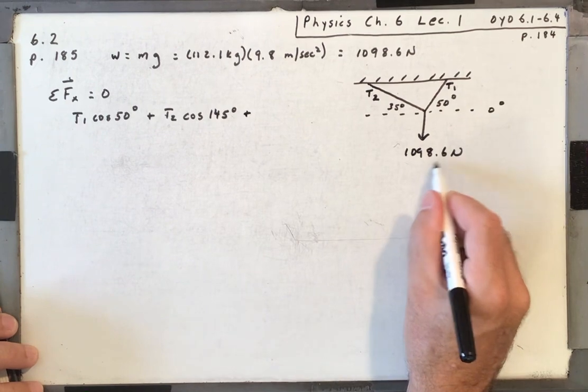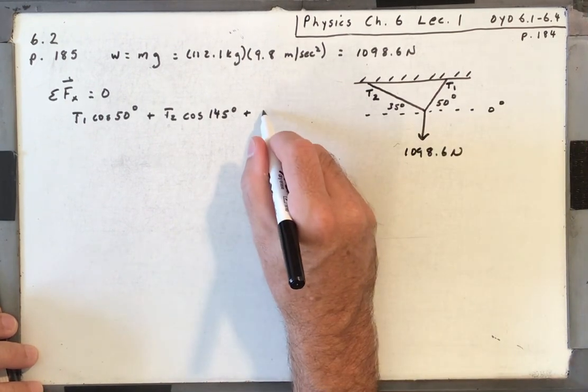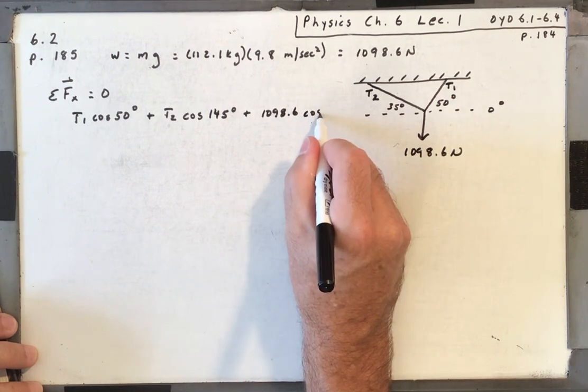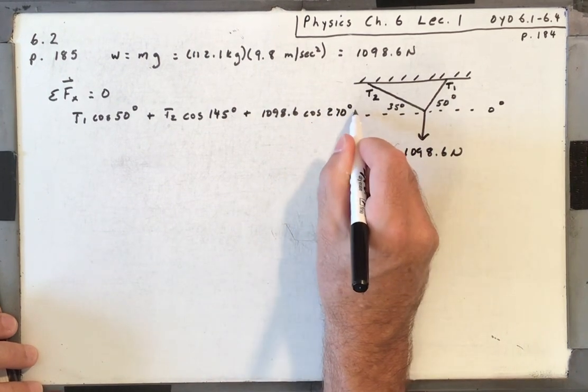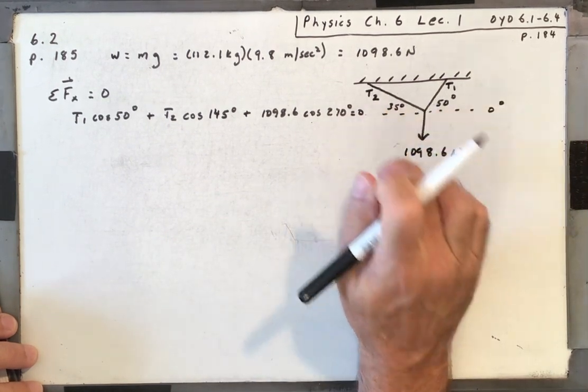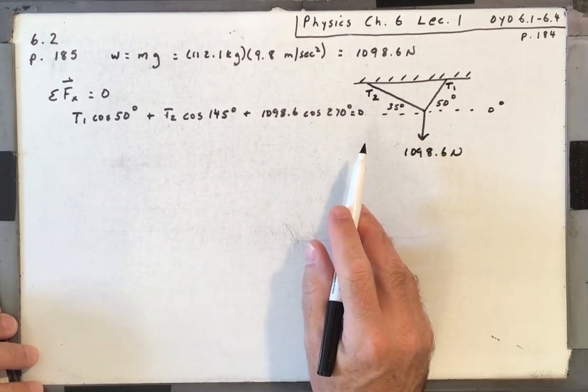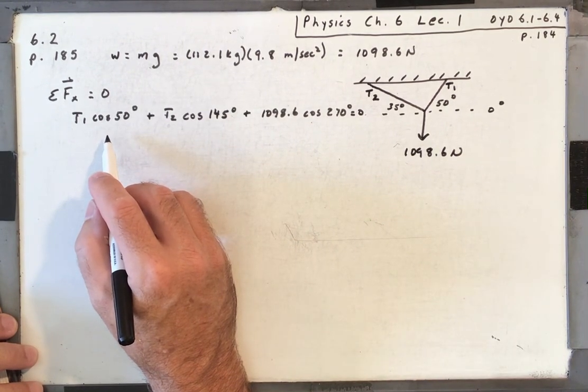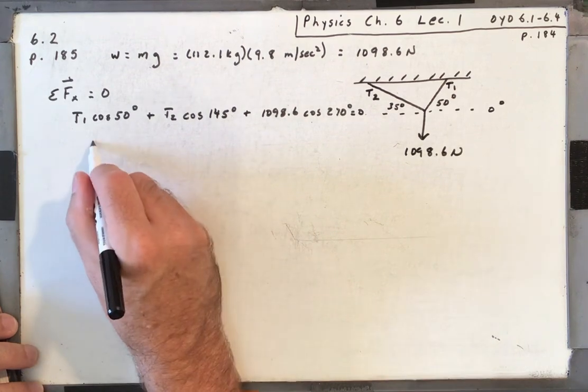Plus, and then we have here going straight down 1,098.6 times the cosine of 270 degrees equals 0. All right, cosine of 50, you put that in your calculator, it's 0.643.